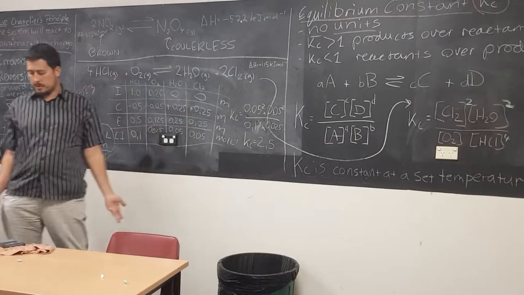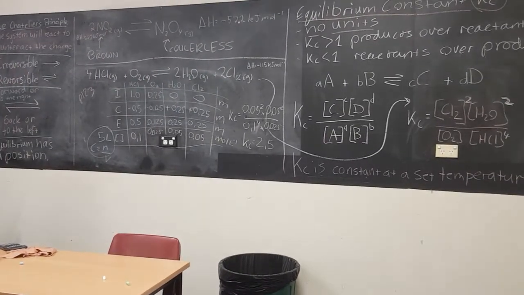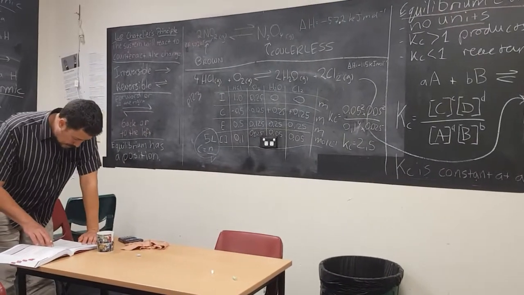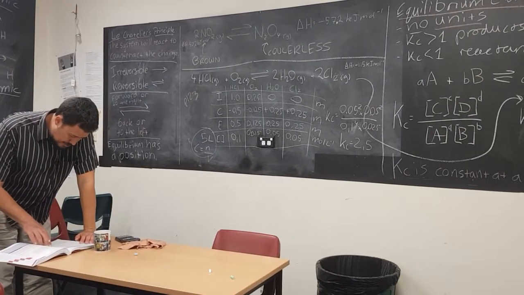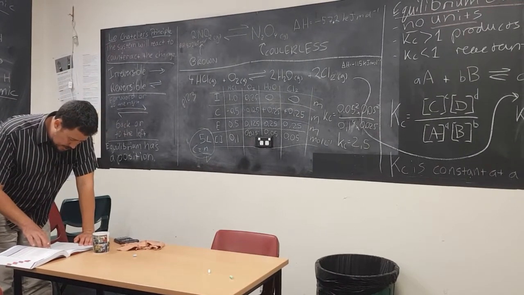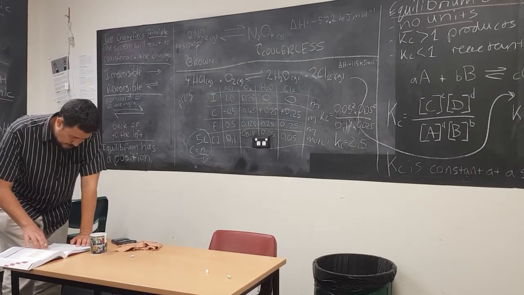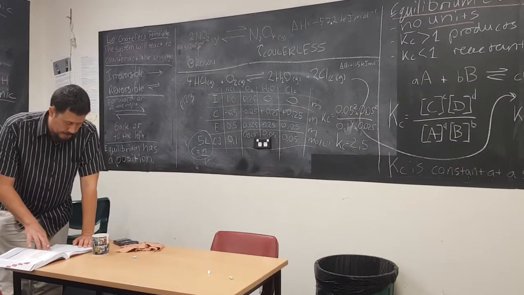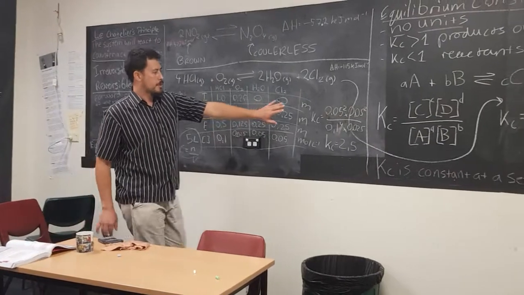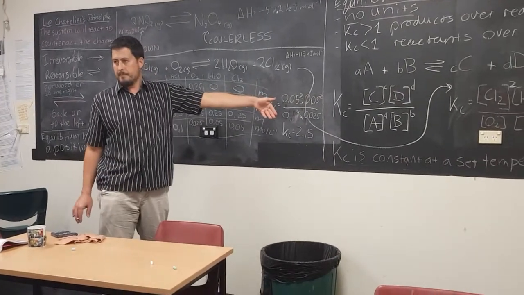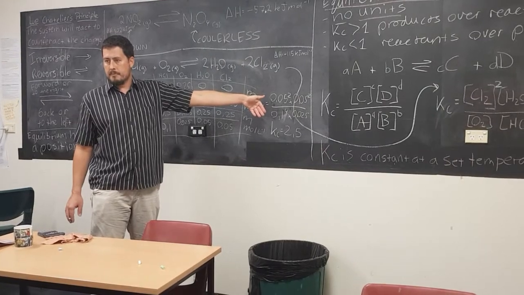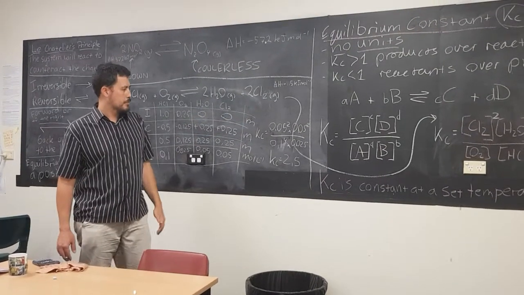Now the next question is, state the equilibrium constant for the reaction below if it were conducted under identical conditions. And they've reversed the reaction. Well, you're going to flip it. Products over reactants.